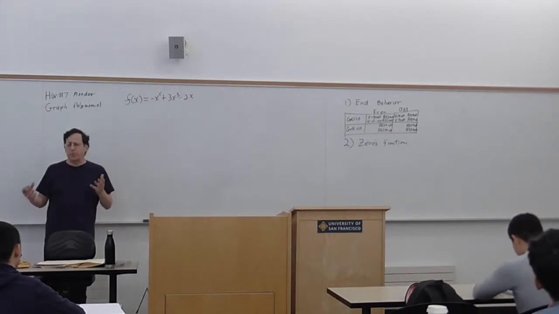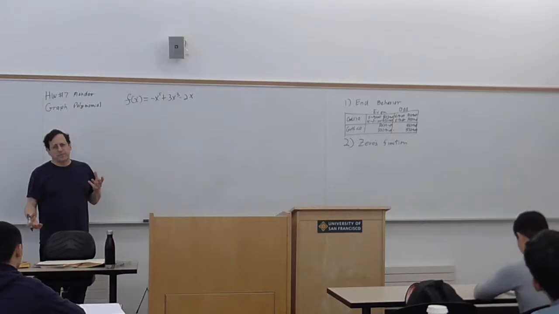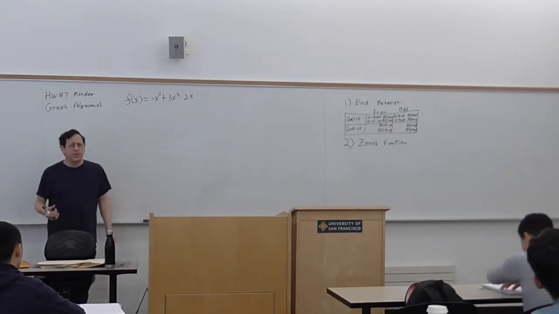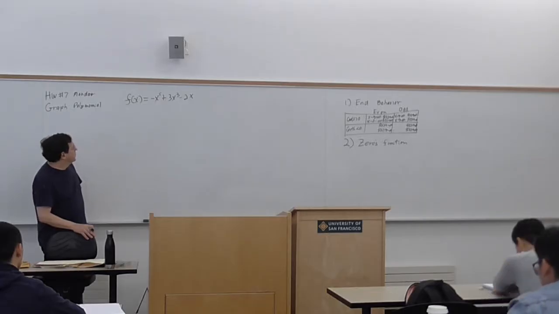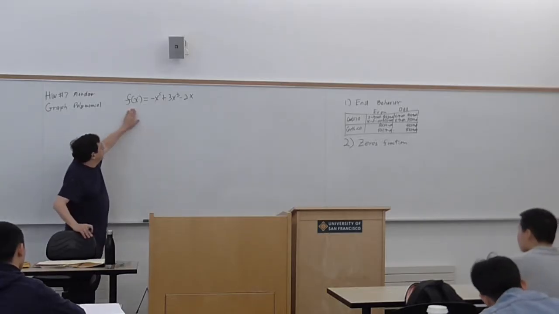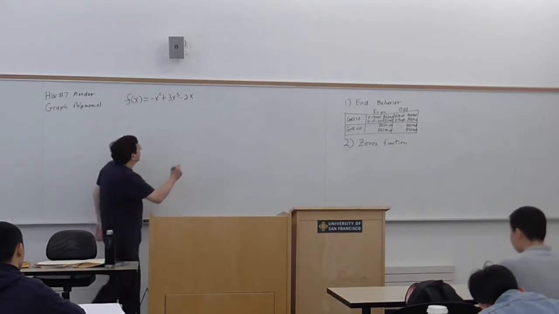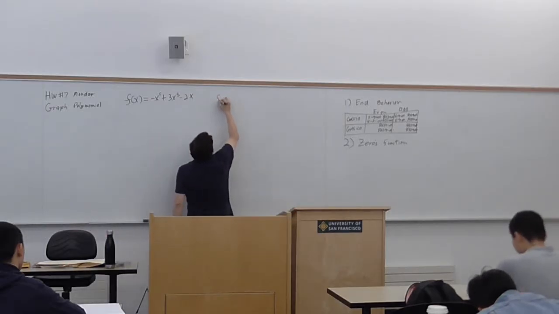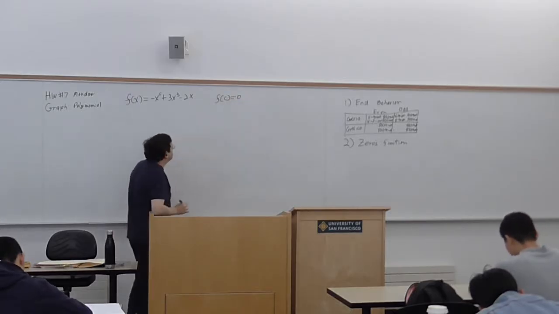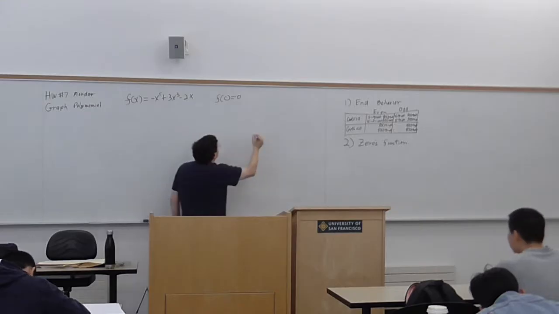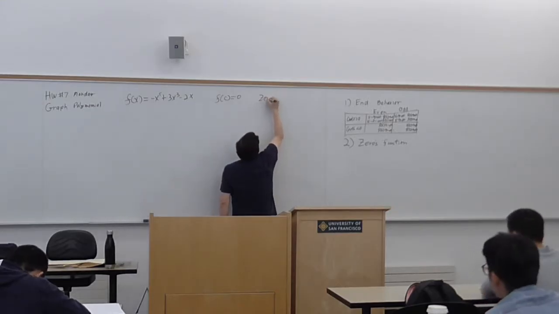There's a few different terms I use interchangeably that pretty much mean the same thing. If I talk about the zeros of the function, what I mean is values, say, of c, where f of c is 0.